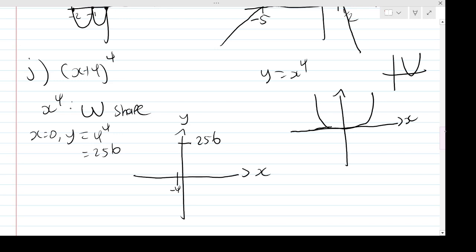But the whole point is it still touches the axis at 0, ultimately, just a little bit more stretched out. The main idea is that when you have a fourth power, a quadruple root, the bracket is repeated 4 times.